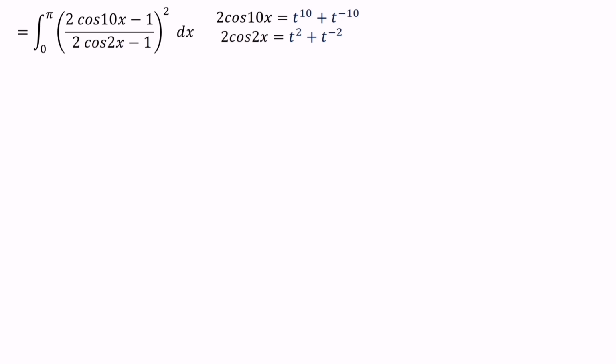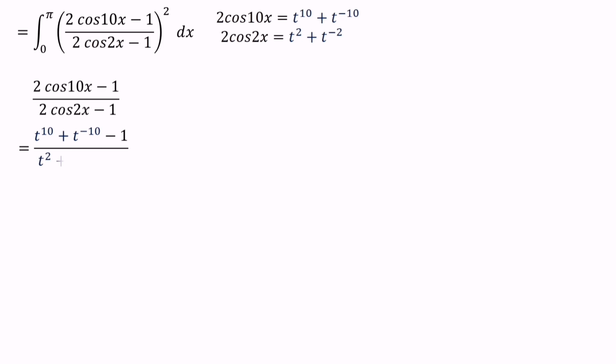So now 2 cos 10x minus 1 over 2 cos 2x minus 1 we can write as t to the power of 10 plus t to the power of minus 10 minus 1 over t squared plus t to the power of minus 2 minus 1. t to the power of minus 10 we can write as 1 over t to the power of 10, and t to the power of minus 2 as 1 over t squared.